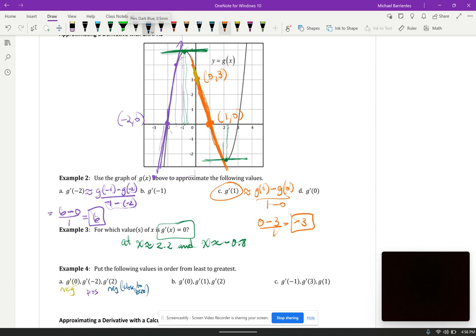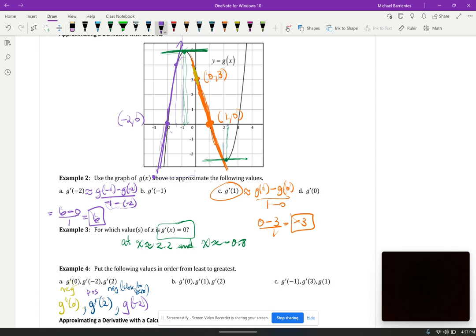Well, yes. The really negative one goes first. The kind of negative one close to 0 goes next. And the positive one goes last. I'm putting them in order from least to greatest. Really negative, little negative, close to 0, and then positive.